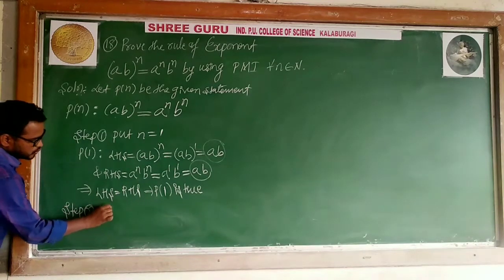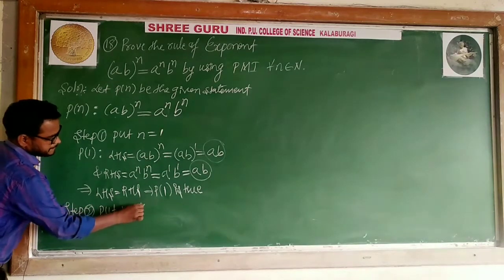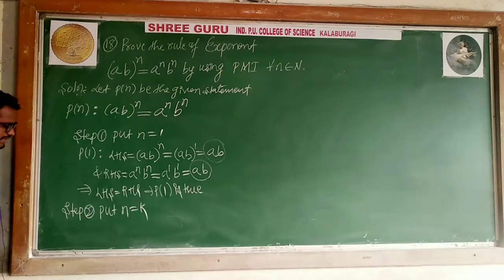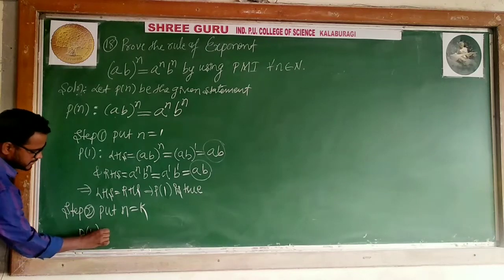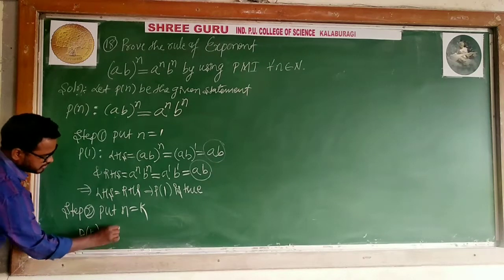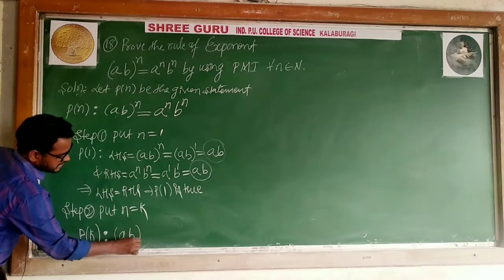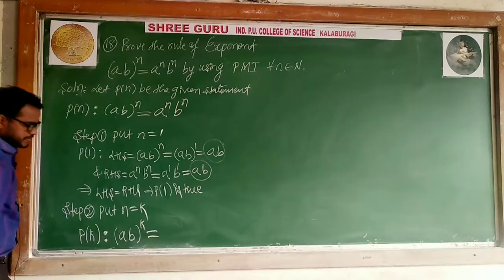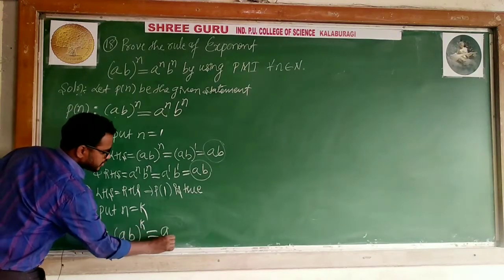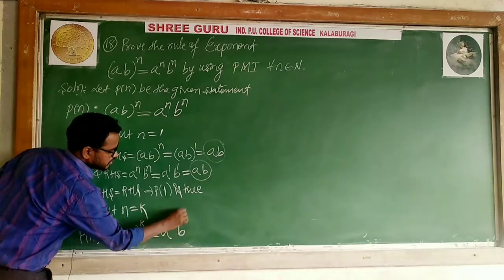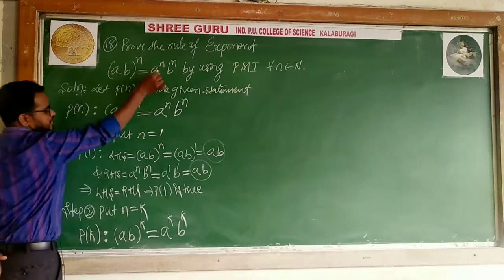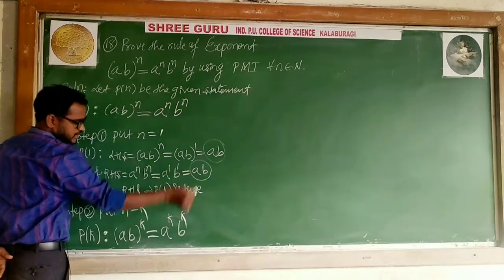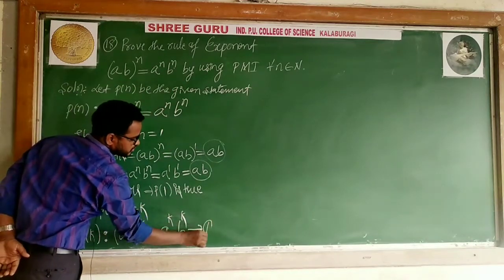Step 2: put n is equal to k. Here, substitute k for n. What is P of k? Yes, P of k is this: AB whole to the power k is equal to A to the power k, B to the power k. In place of n it is k. If you want, you can call this equation 1.